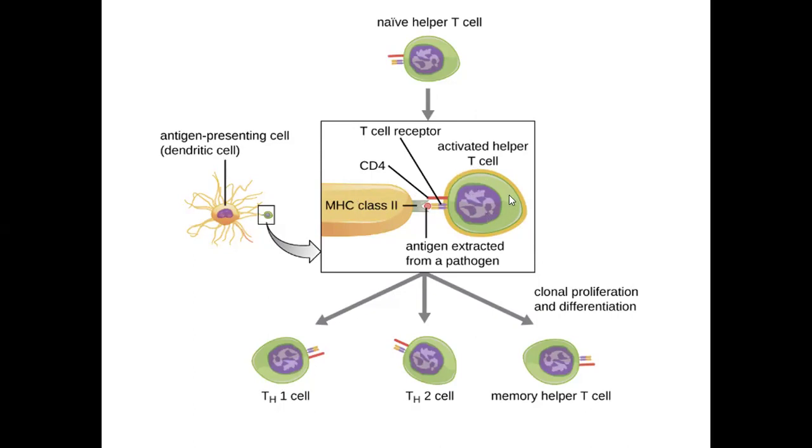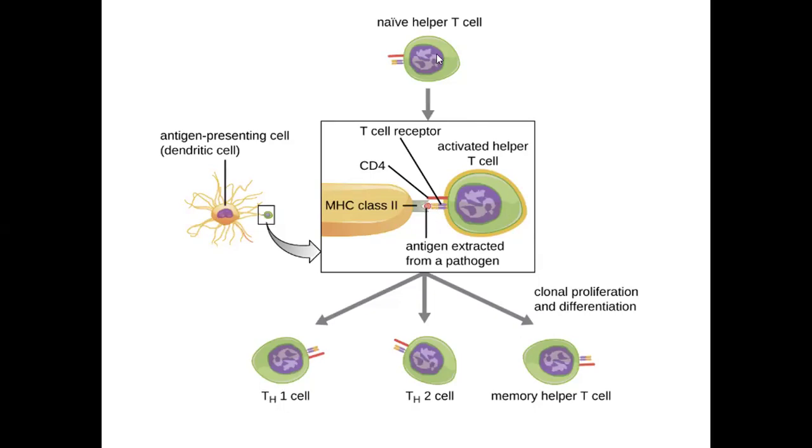When it finds a T helper, it shows the new pathogen by MHC class II molecules. The T helper has a T cell receptor. The T cell receptor interacts with the MHC class II molecules and recognizes a new antigen, a new epitope.